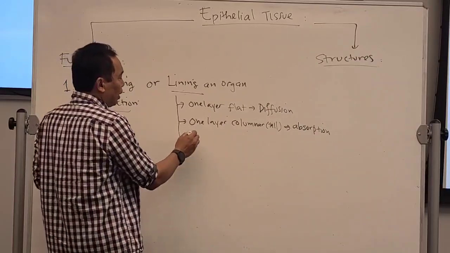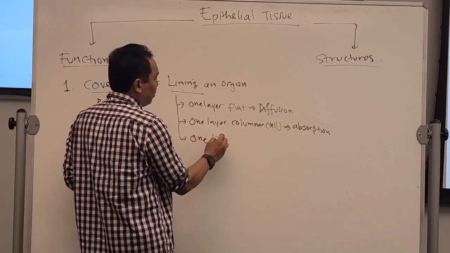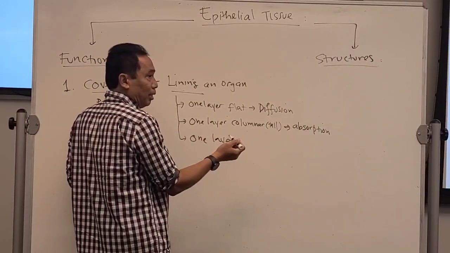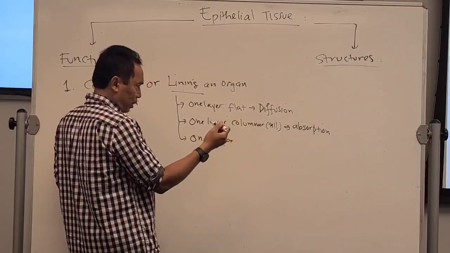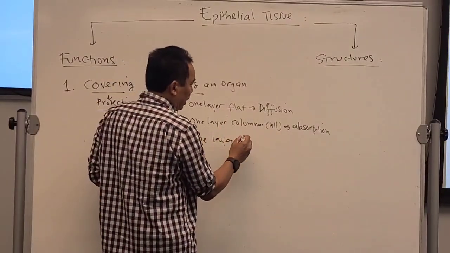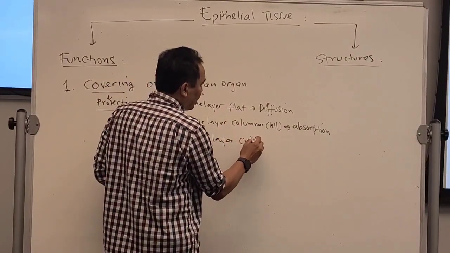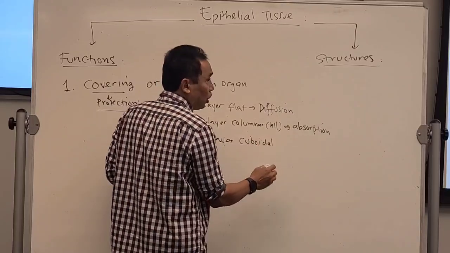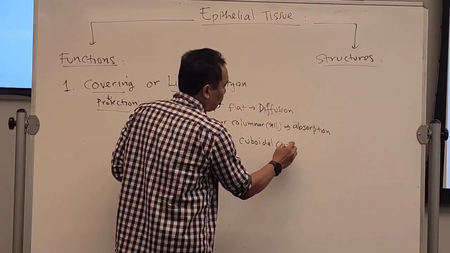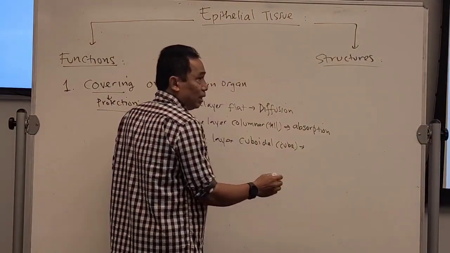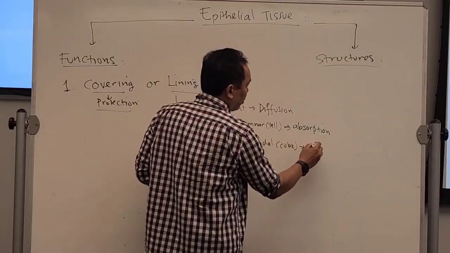Okay, there is another one. If it is one layer lining the organs, and mostly cuboidal, it means cube, the cell looks like a cube. This is mostly for glands or secretion.